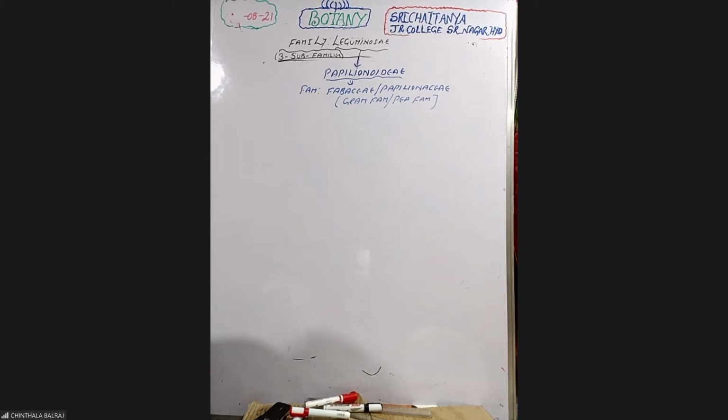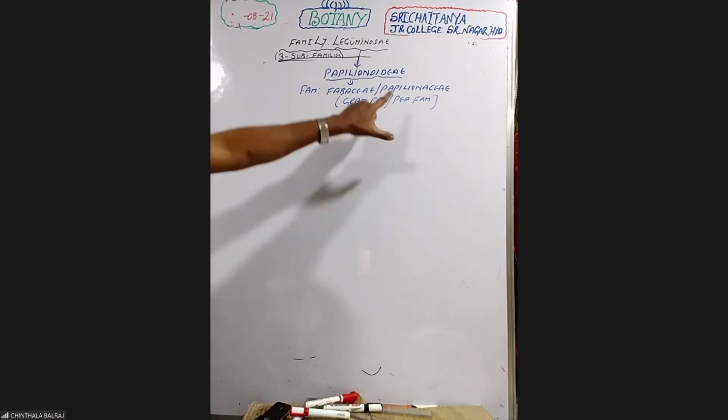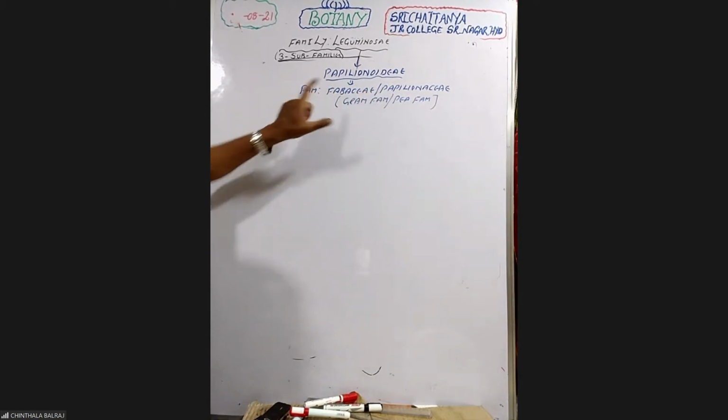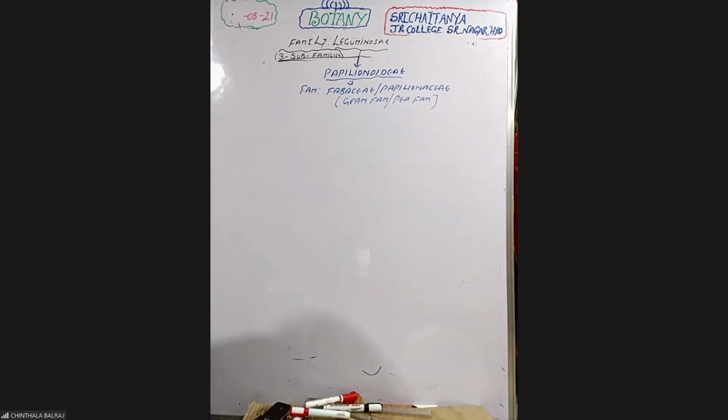But in due course of time, later, these 3 subfamilies rose to the rank of family level. Now Papilionaceae becomes Fabaceae, commonly known as the pea family, gram family, pulses family, or protein-rich family.